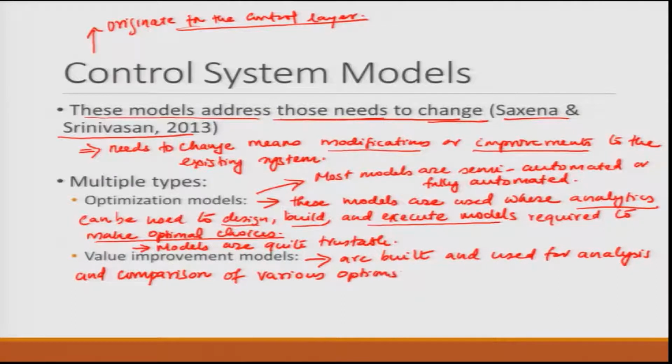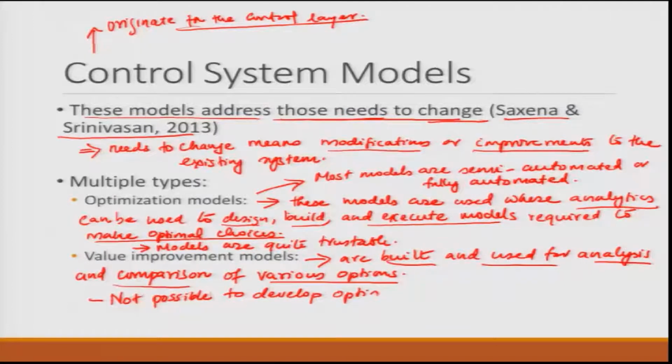We build and use these models to analyze and compare various options available in front of us. It is not possible to develop optimal solutions or optimal recommendations, so value improvement models do not help in making optimal recommendations.